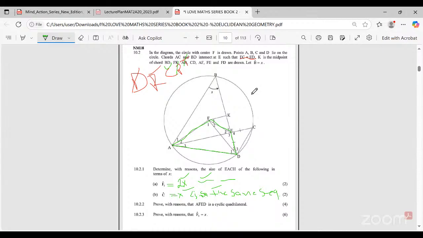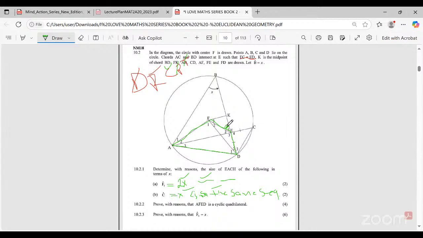Is there anything that is coming along? Yes, sir. There's something coming along. You can share that. Okay, sir. We know that angle E1, that is just outside the quadrilateral, is two times bigger than angle x.